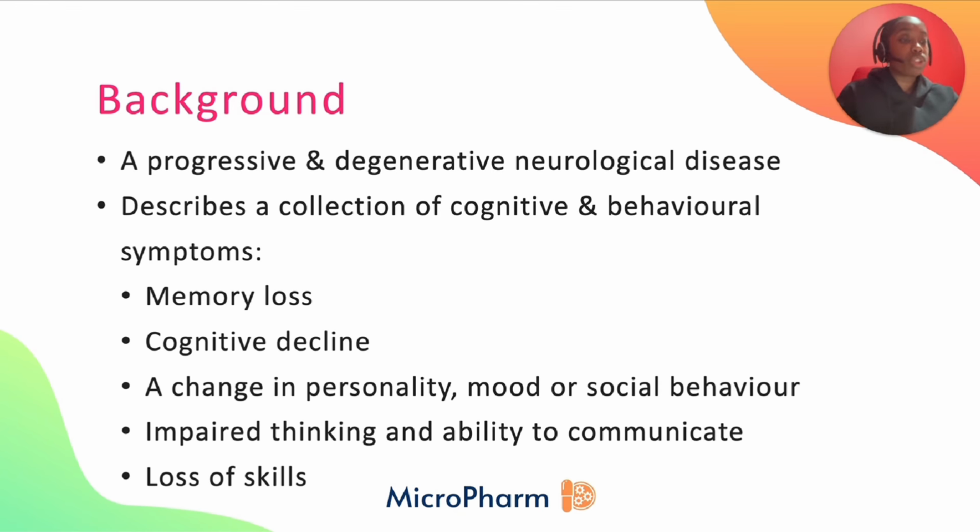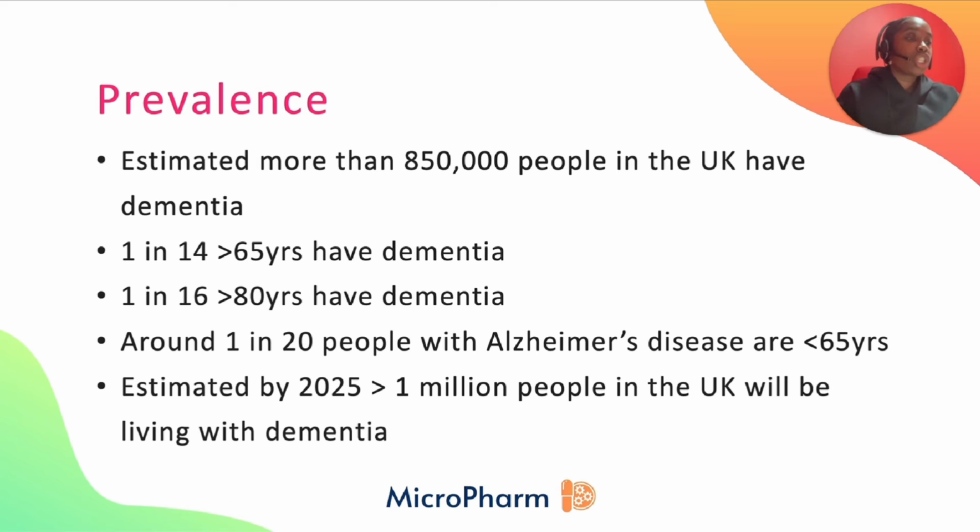People with dementia can also experience hallucinations. This slide just demonstrates how common dementia is, mainly in the older population. It's estimated that more than 850,000 people in the UK have dementia.